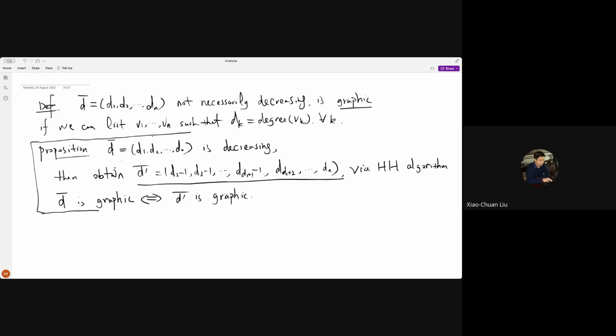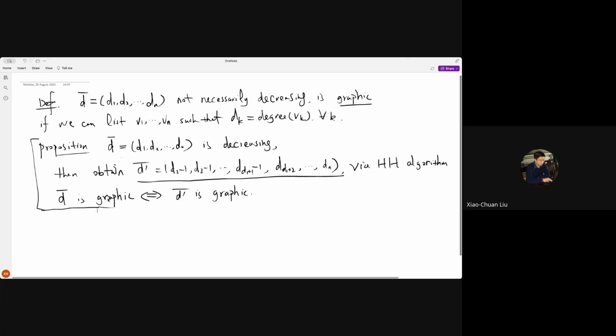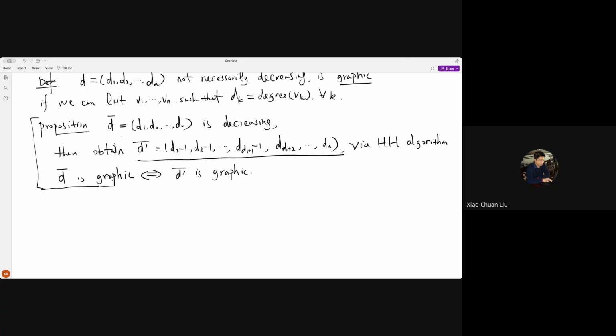This algorithm has to start with a decreasing sequence, but the result is not necessarily decreasing. But still, D bar is graphic if and only if D prime bar is graphic. We need this proposition to prove the following theorem by Erdős and Gallai.